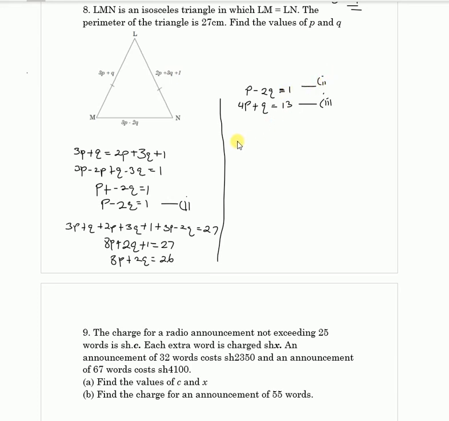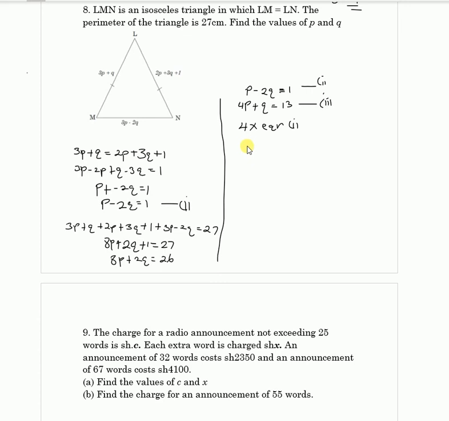That is equation 1. So what we are going to do, we are going to get 4 times equation 1. We are doing that because we want to have 4P here and 4P there, so that we can subtract the two equations and find the unknowns.